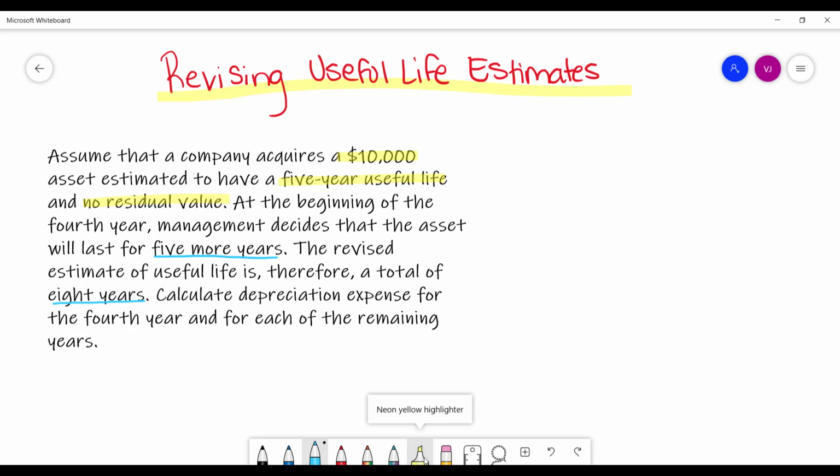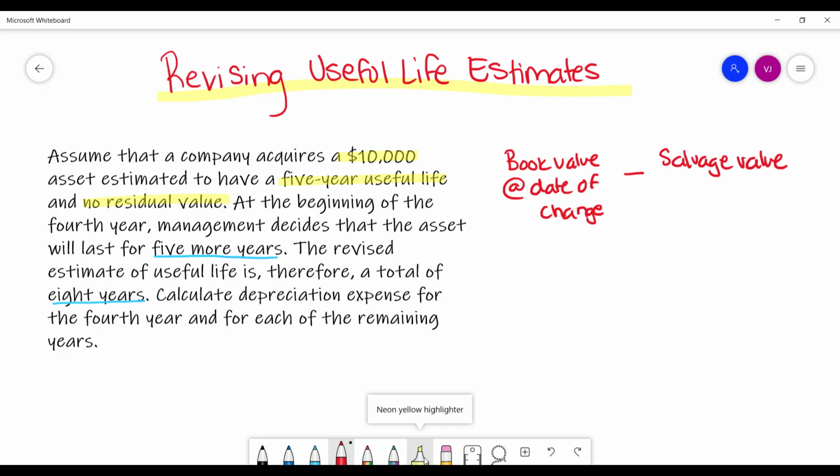So to find this revised depreciation expense, first you start with the book value at the date of the change. And then you make sure to subtract out any salvage value or residual value applicable, so the salvage value on the date of change.